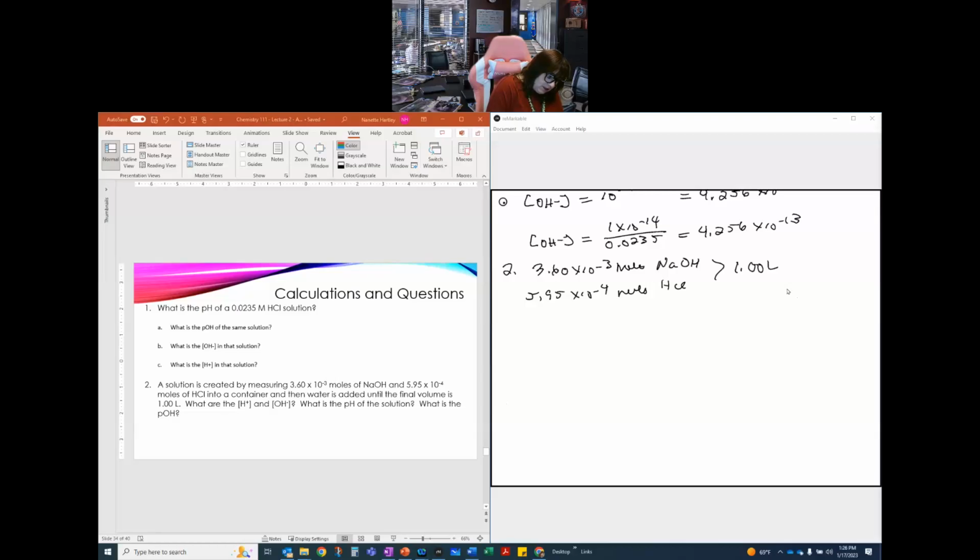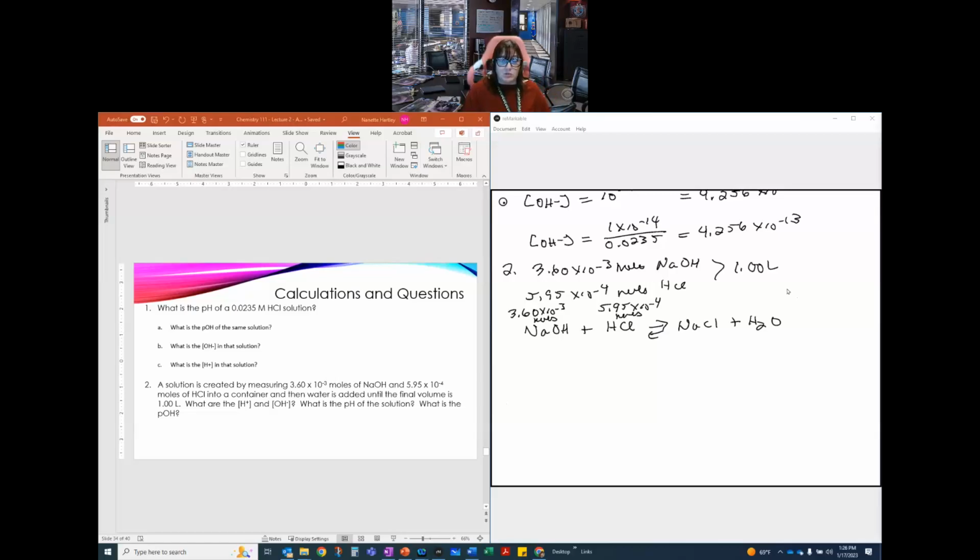Now remember, we have NaOH plus HCl going to give me NaCl plus H2O. I have in this 3.60 times 10 to the minus 3 moles of NaOH and 5.95 times 10 to the minus 4 moles of HCl.